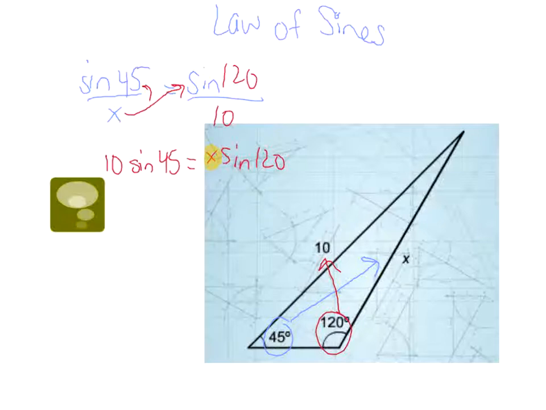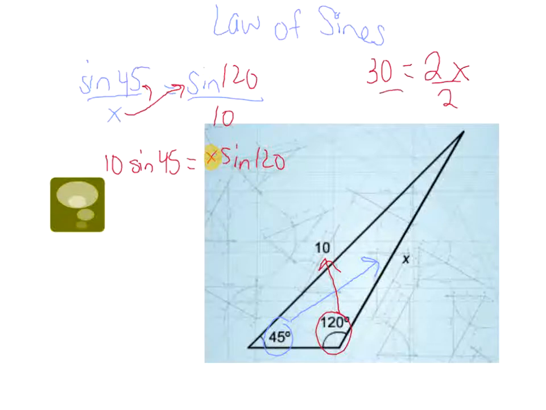So can somebody tell me my last step? How am I going to get rid of that sine 120? Ooh, good job, Nicole. My mind didn't even go there. Yes, we're going to do that in a minute. But first, let's think back. Let's do a basic problem. I'm probably asking this in a funny way.